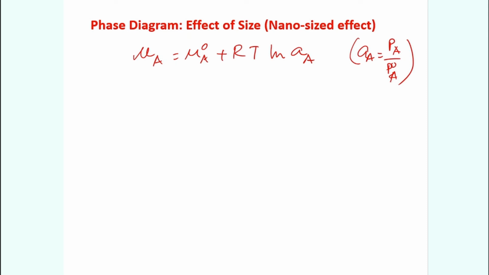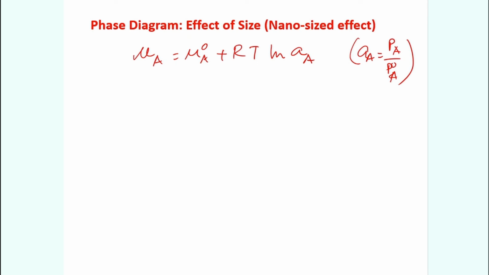So, 0.2 divided by 1 is the activity of oxygen in the air. You understand that? In a gas mixture, if you have two gases, hydrogen and helium, 40-60, and you want to calculate the activity of hydrogen, that is 0.4 divided by the total pressure, which is 1 atmosphere. So that means 0.4, right. That is what it is.